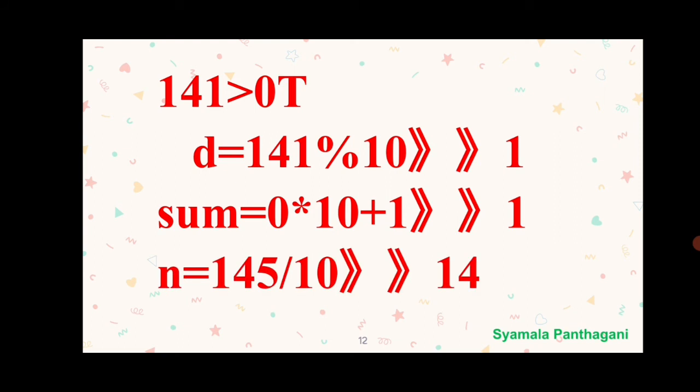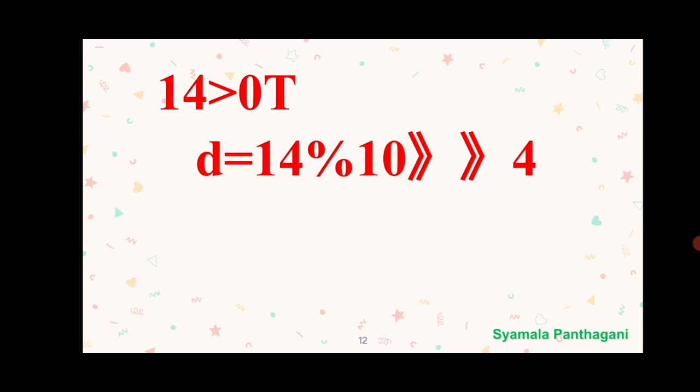Sorry, here instead of 145 you just write 141. 141 by 10, here we are taking the quotient, that is 14. By completing this first iteration, the final value of sum is 1 and the final value of n is 14. These are the new values of sum and n. Now we are going with these new values to the next iteration.